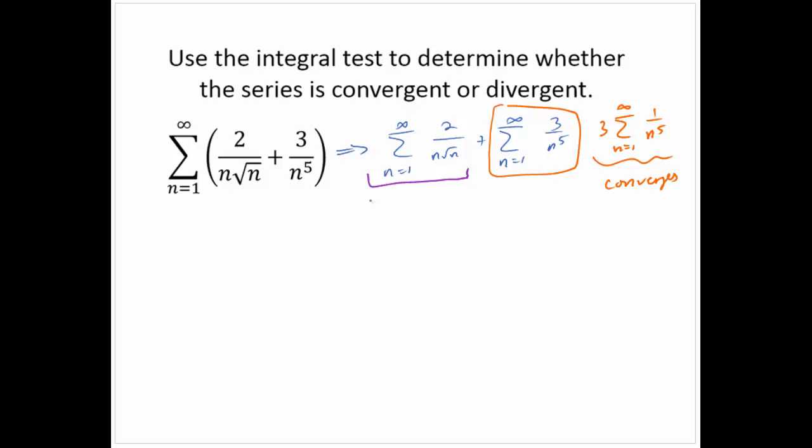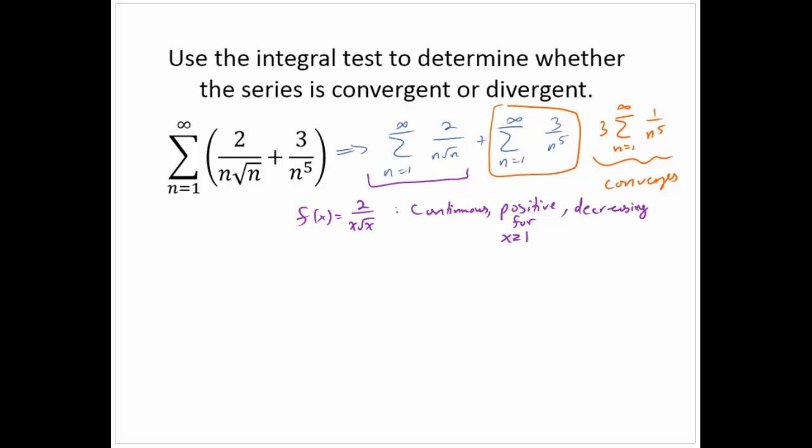We should note that if we consider the corresponding function f of x equals 2 over x root x, we could say that this is continuous. We can say that it's positive, especially for x greater than or equal to 1. Is it decreasing?